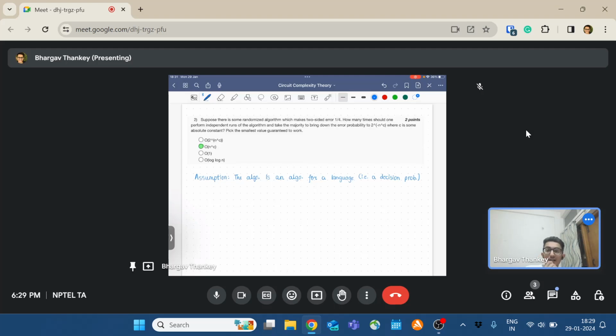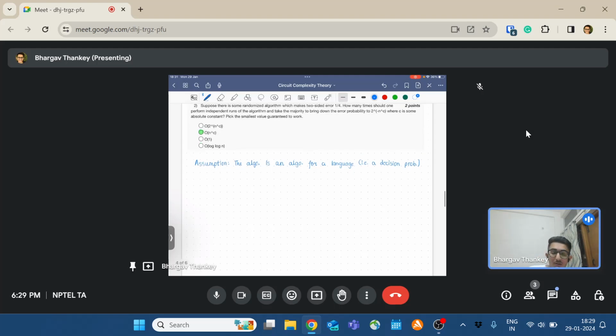Suppose the problem is in NP, so you can efficiently verify the solution. Then what you can do is run it and verify the solution. And if its success probability is a certain amount, then it would work. Let's say more than half or something. Doesn't matter, any constant. Inverse poly would also work. Let's say inverse poly.